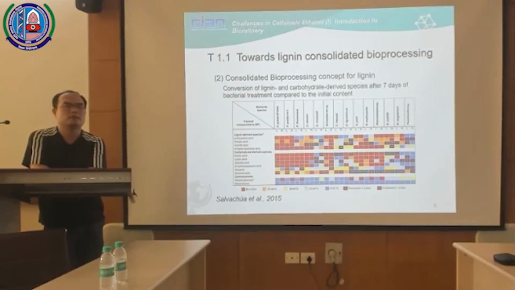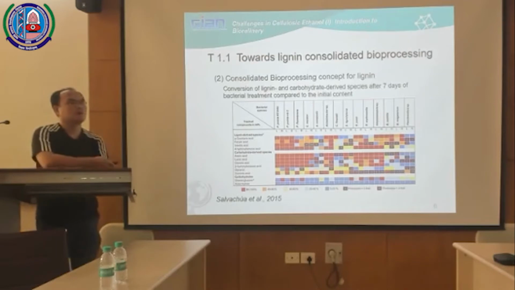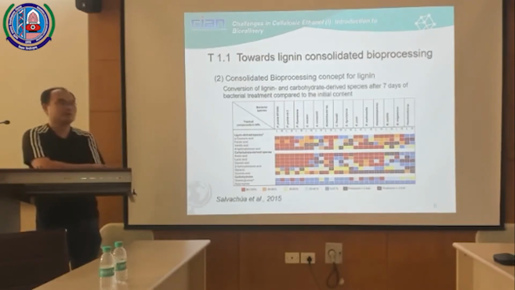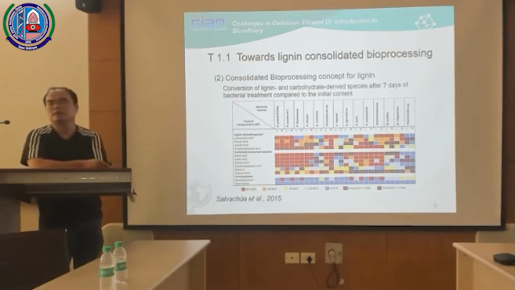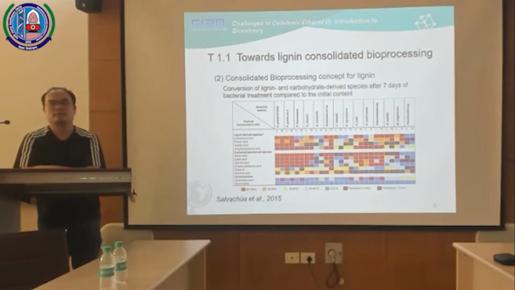But this study is on bacteria, so you will have some limitations. It's feasible with a consortium of microbes. If we develop a consortium of selected microbes, they can live together. They can be used. But time will be constrained. You can't control the time.